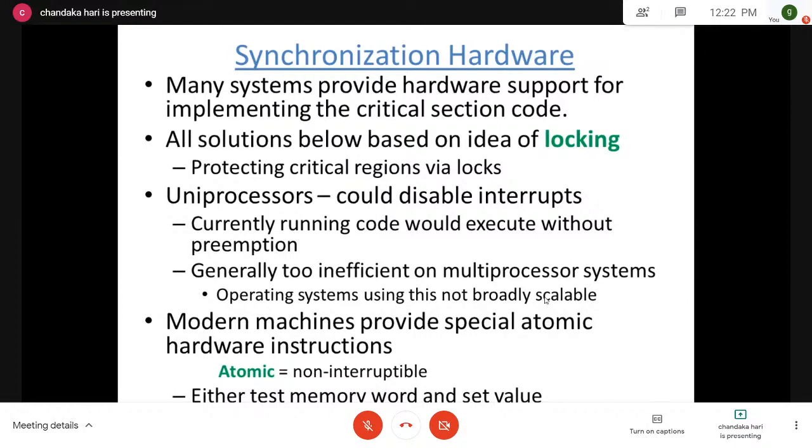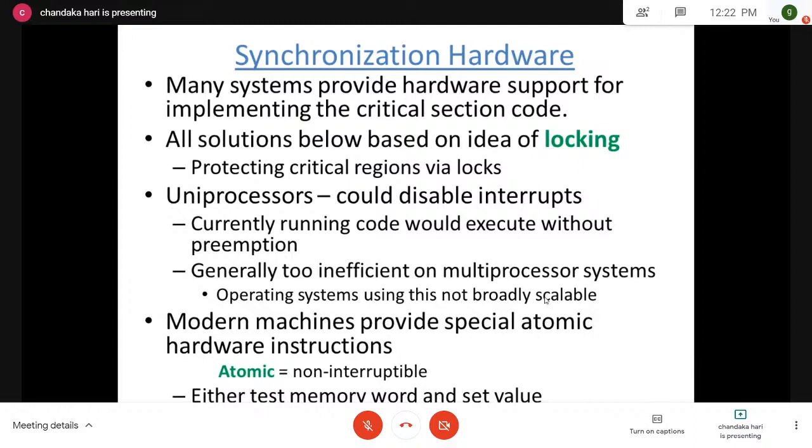What do you mean by atomic? Non-interruptible. Please remember this: atomic means non-interruptible. At a time, only one process can be eligible for accessing such a resource.